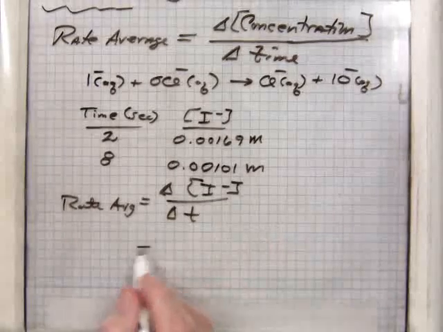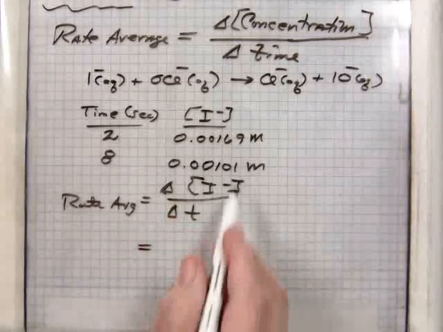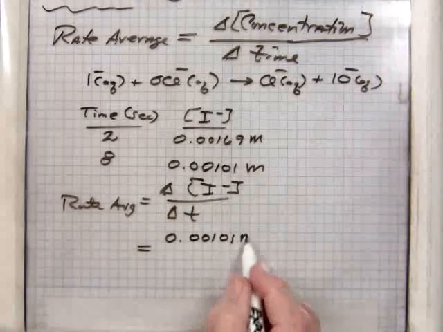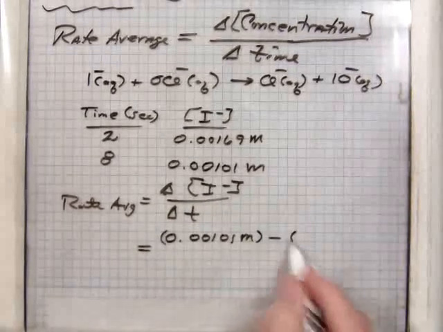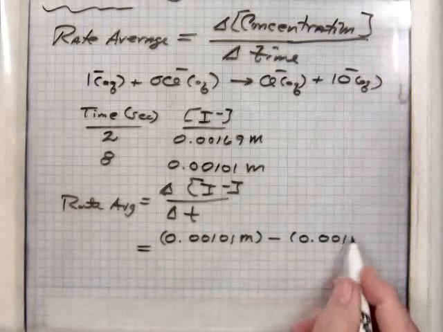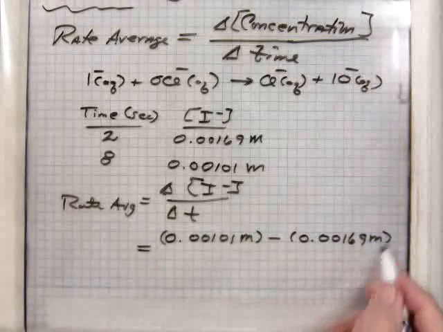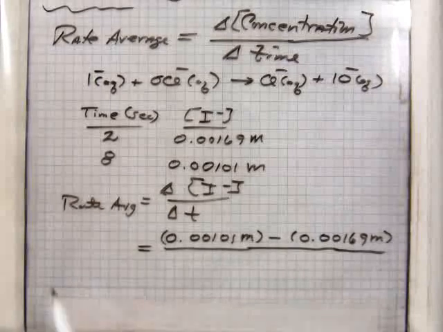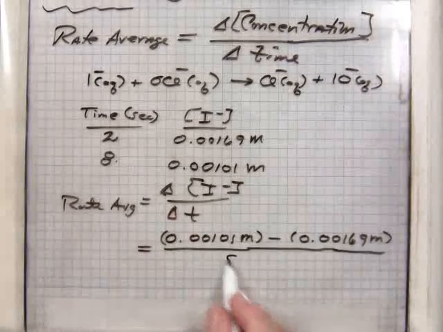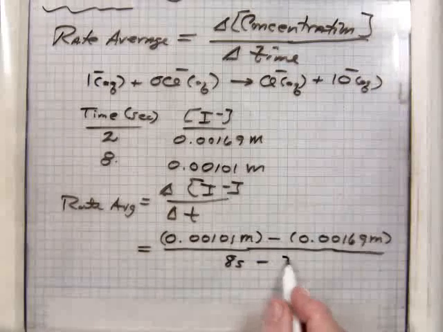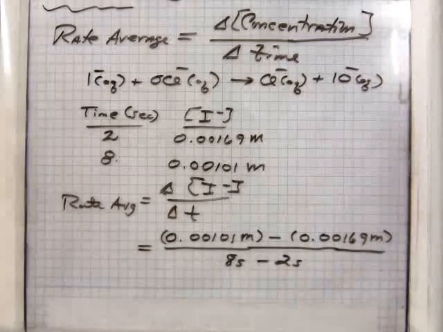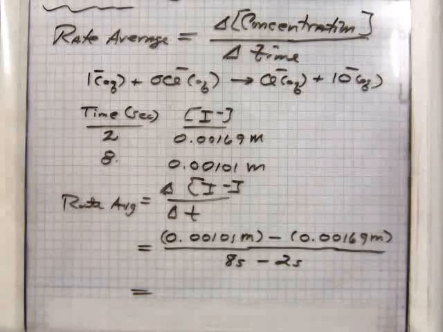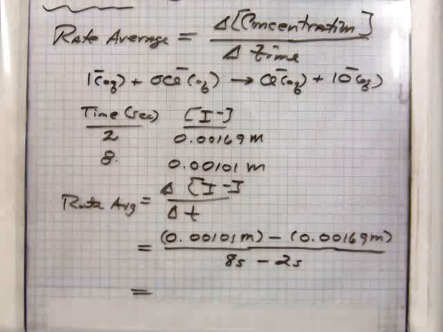Okay, so in this calculation, the second minus the first, 0.00101 molar minus 0.00169 molar, and that's divided by 8 seconds minus 2 seconds, so that'd be molar per second when everything is said and done.